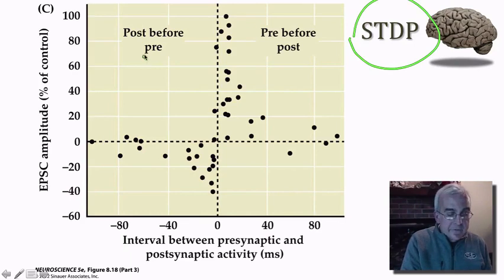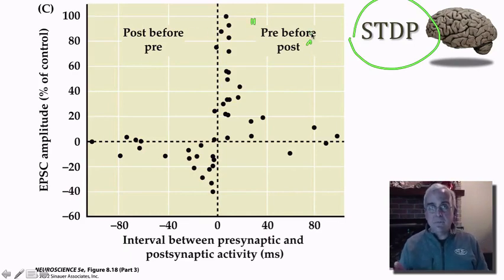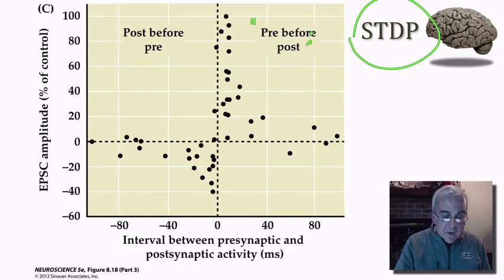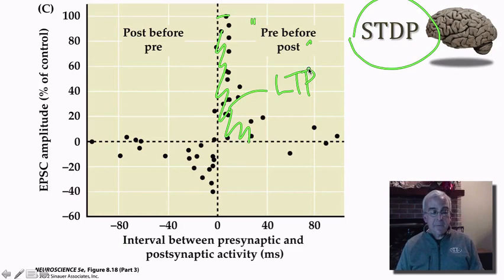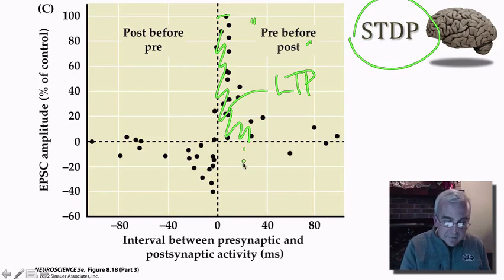And what we see is that in the pre-before-post regime, that is, when a presynaptic input is in a position to fire the postsynaptic cell, there may be a marked degree of potentiation. So this then is long-term potentiation that can be recorded if the interval between the presynaptic firing and the postsynaptic firing is less than about 20 milliseconds.